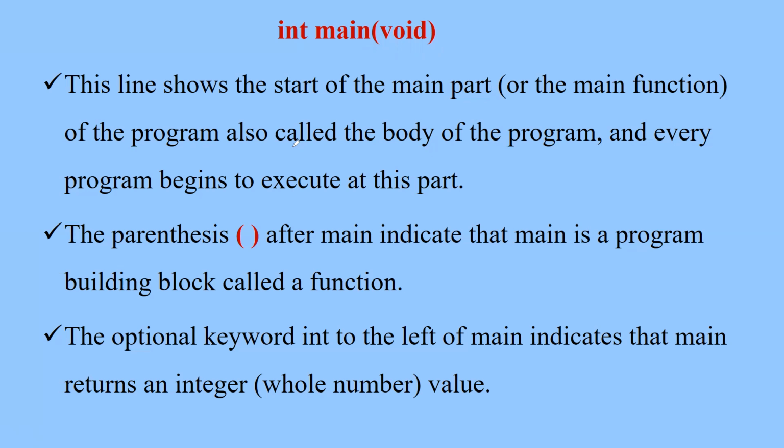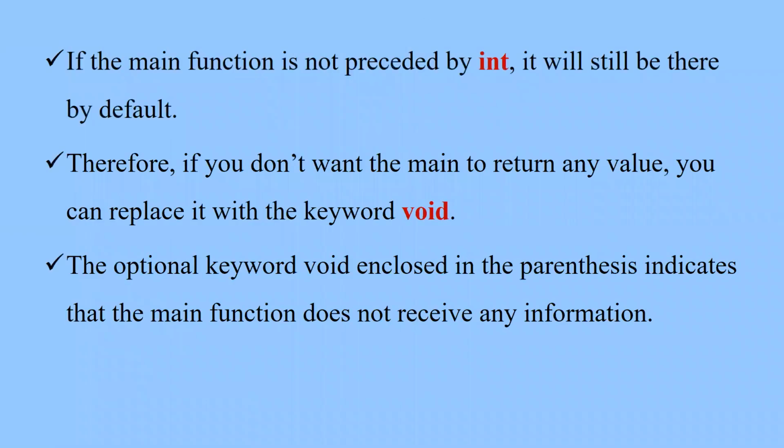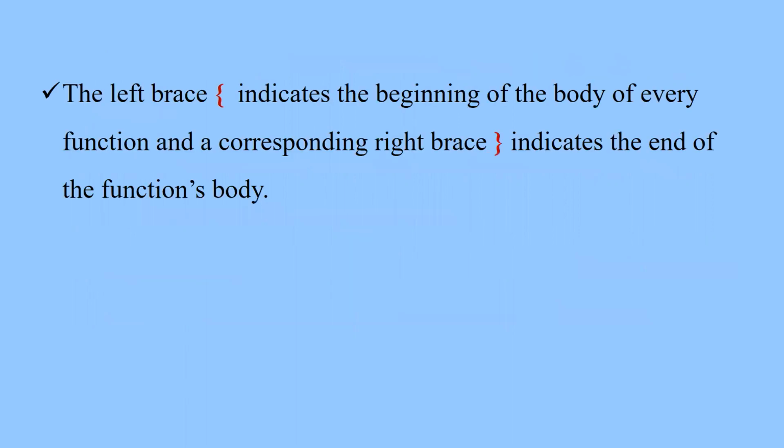It's just controlling the flow of execution of instructions within the body of the program. So the optional keyword void enclosed in the parentheses indicates that the main function does not receive any information.